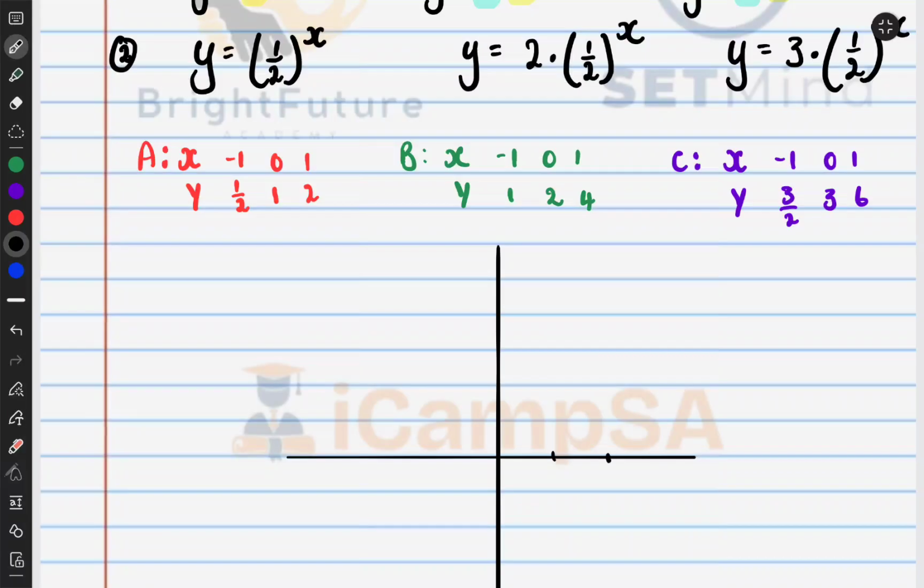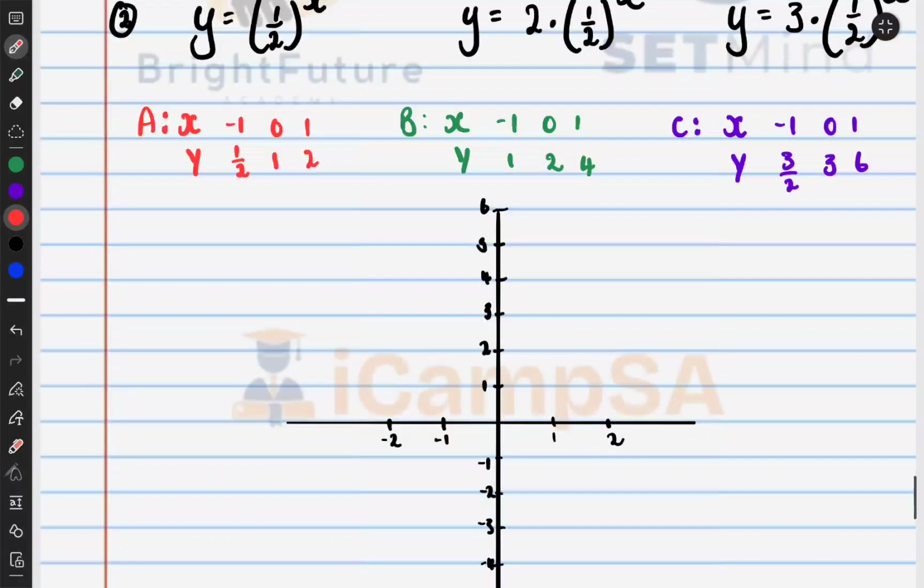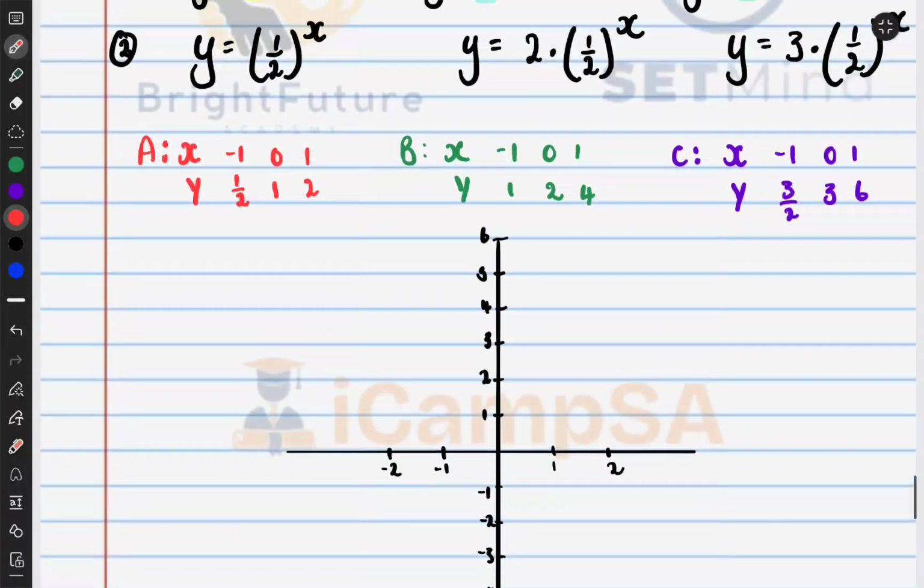We have 1, 2, 3, 4, 5, 6, and -1, -2, -3, -4. Let's start by sketching the first function, a, where x is -1.